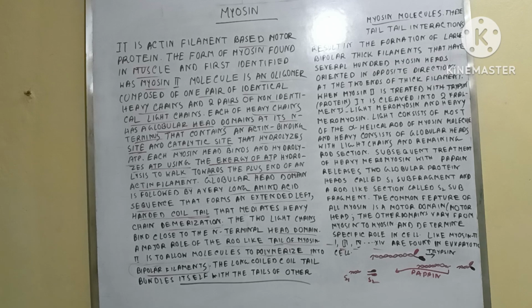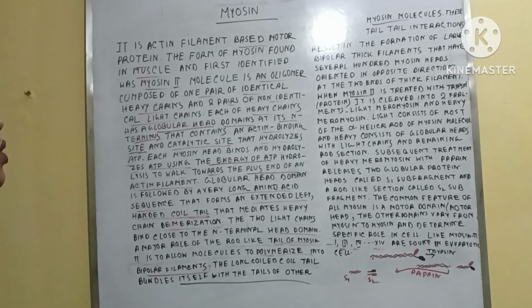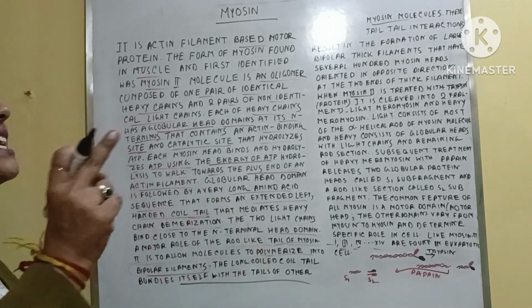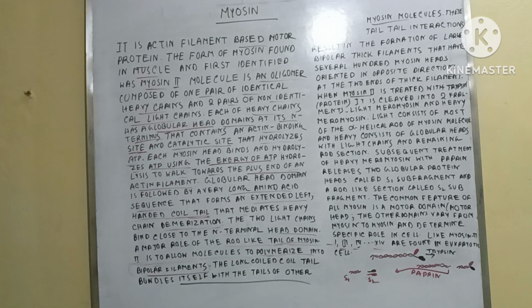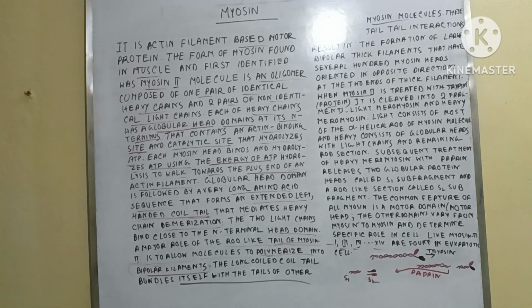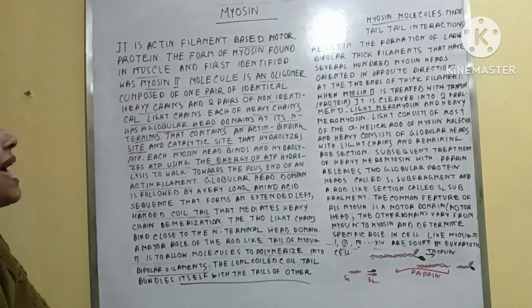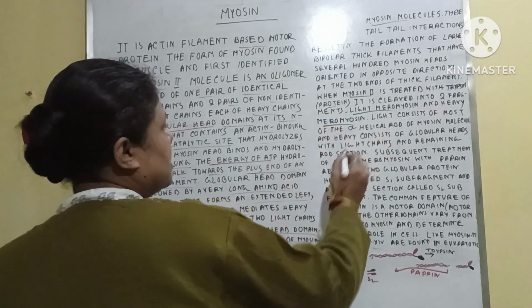And when the myosin 2 molecule, a single filament, is treated with the trypsin protein, then it is clipped into two fragments. One is the light meromyosin and another is the heavy meromyosin. Clear?